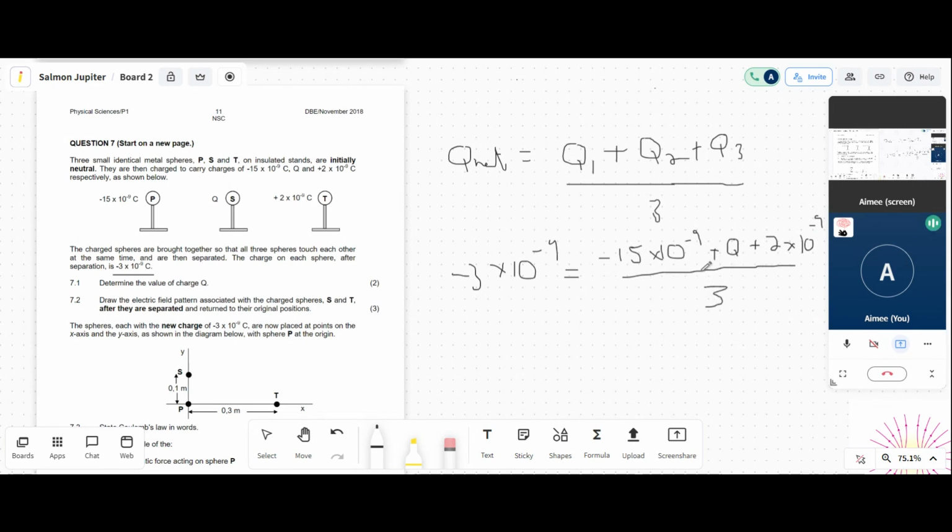And now you've got your equation and you solve for Q. And when you've solved for Q, you should get a charge of +4 times 10 to the -9 coulombs. Okay, hopefully that made sense.